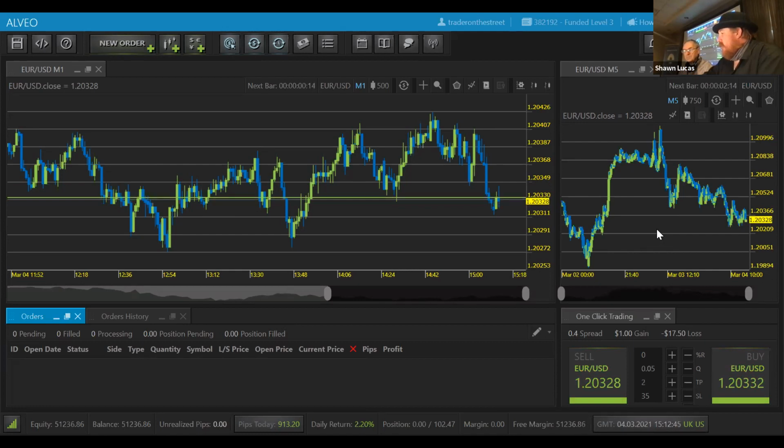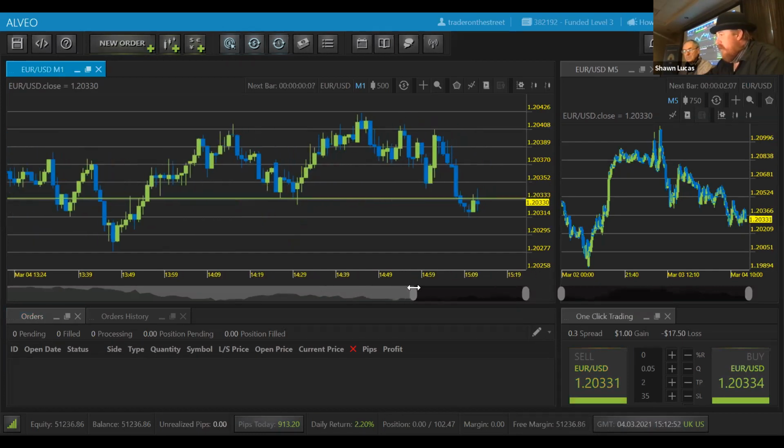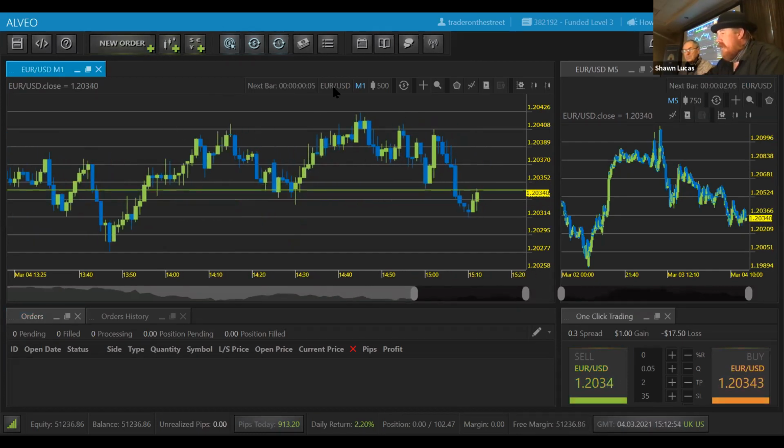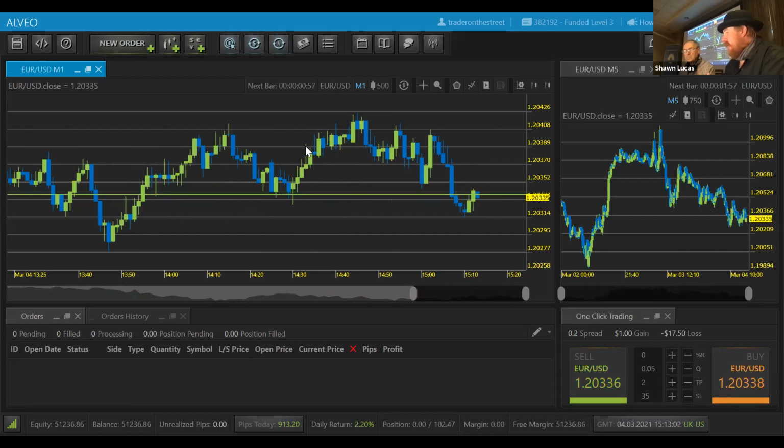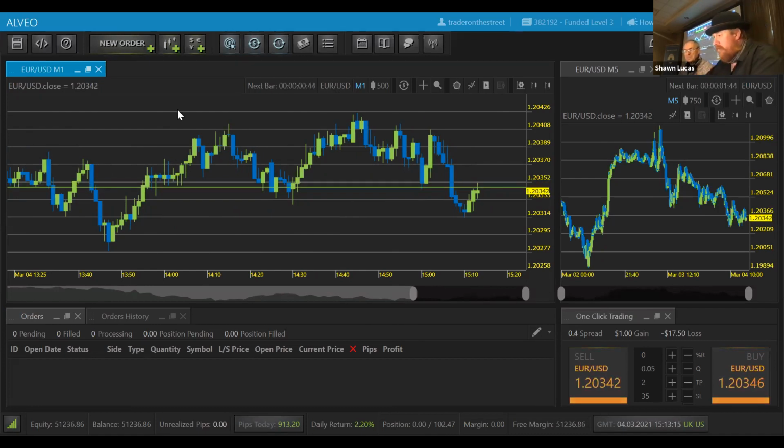Now, when we first open up a trading session like this, just for everybody out in the tap room and in the trading room, the first thing we want to do is get a sense as to what's happening on the charts, what kind of bias there is, if there is a bias in the market, and get a sense as to where we're going to be making decisions on this chart.